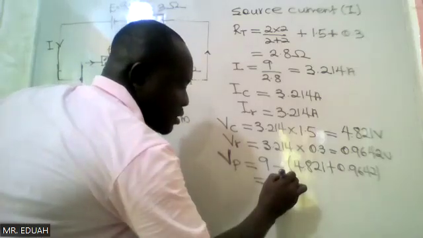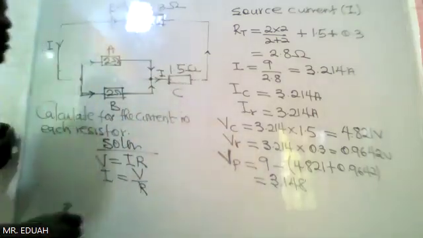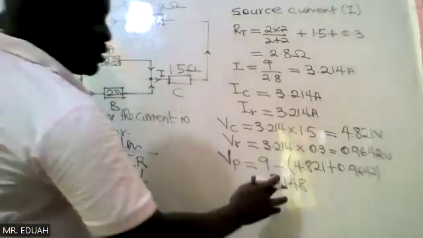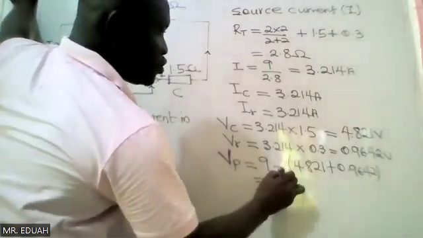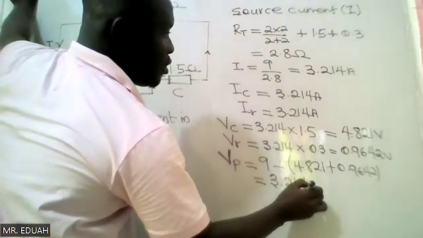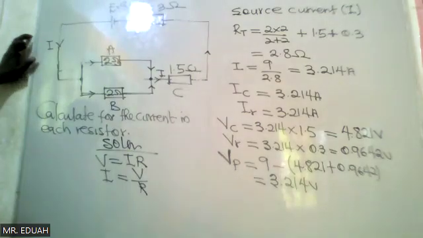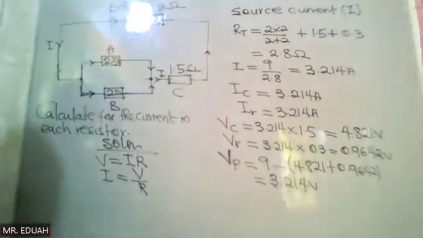That is 3.214 volts. And so this is the voltage drop across this parallel arrangement.